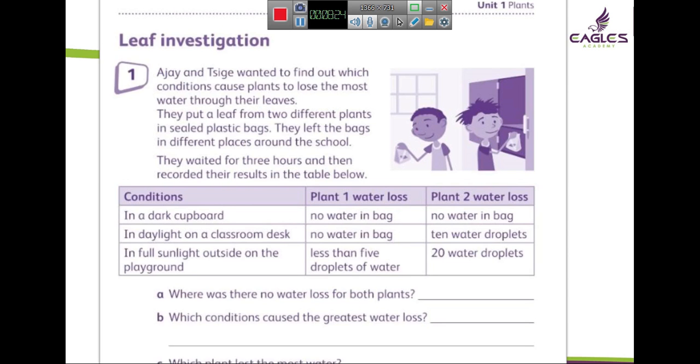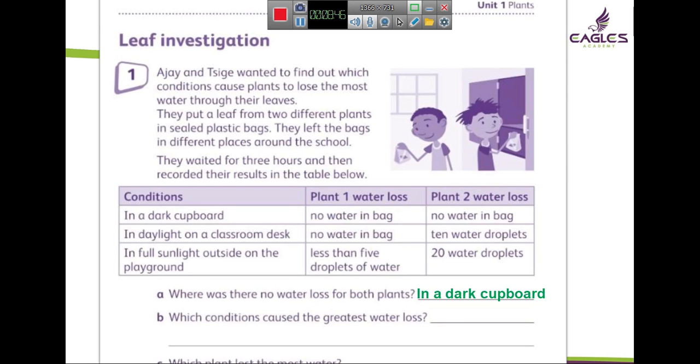Yeah, here, no water in the bag and no water in the bag. So this is the condition in which both of these plants did not lose any water. So here, let's write in a dark cupboard.